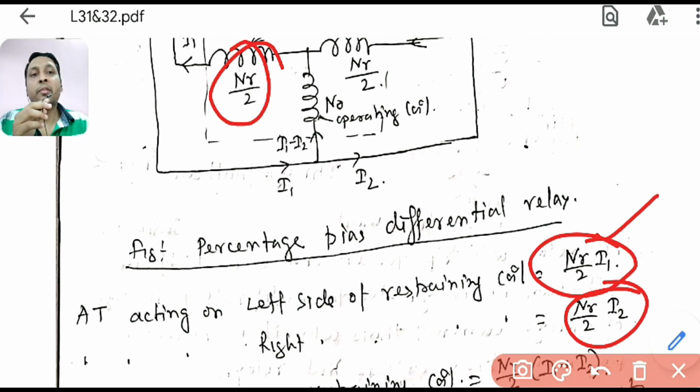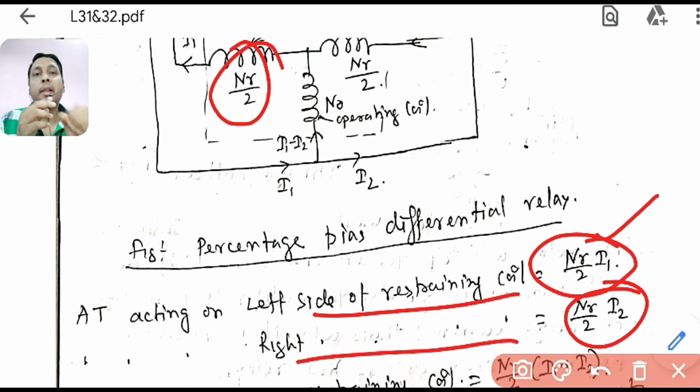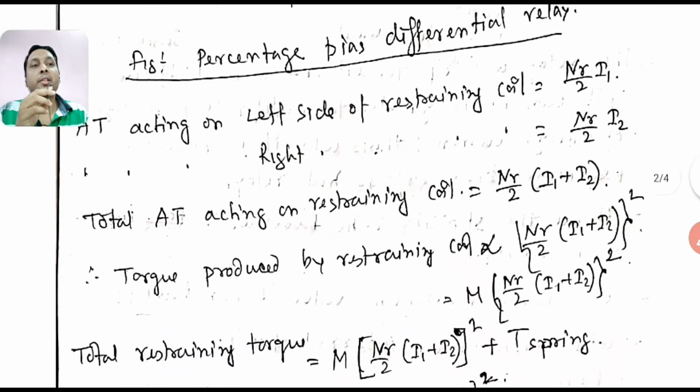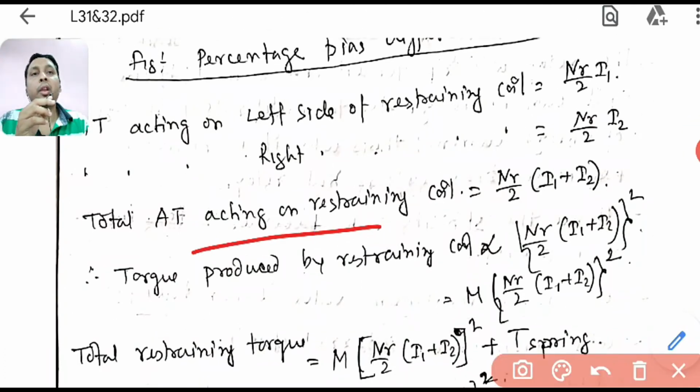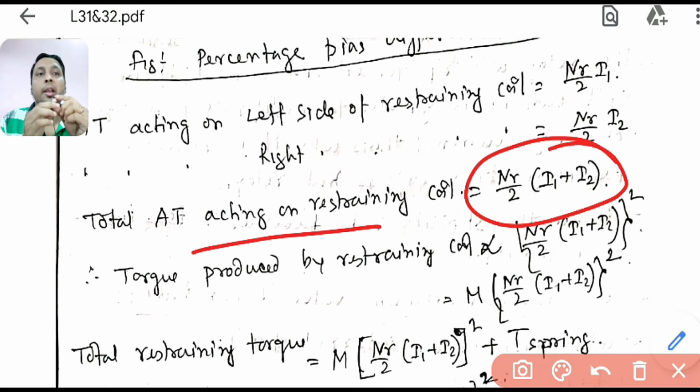This is the left side restraining coil, how much ampere turn it is creating, and the right side restraining coil, how much ampere turn it is creating. So what is the total ampere turn in the restraining coil? If you add the left hand side and right hand side, this is the total amount of ampere turn acting on the restraining coil.